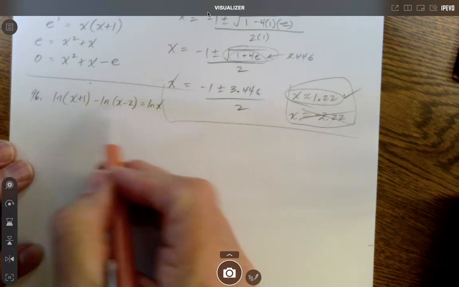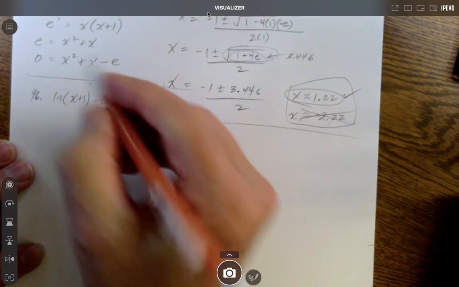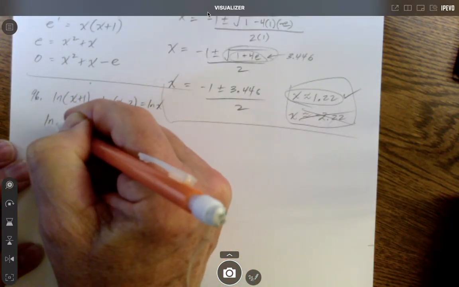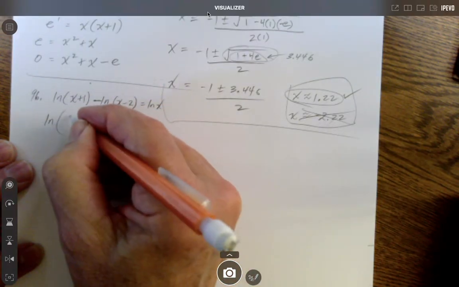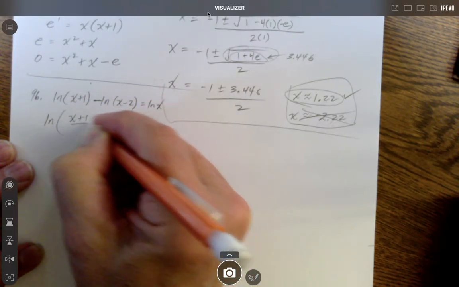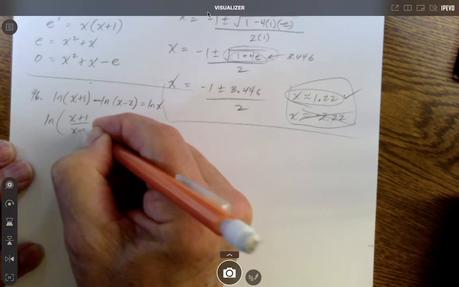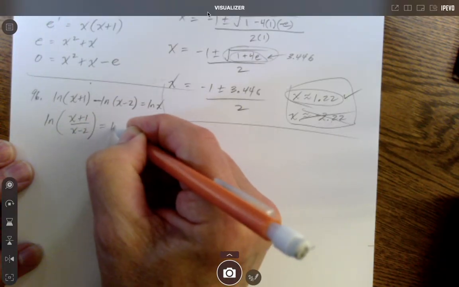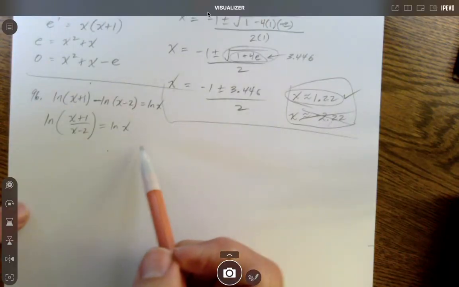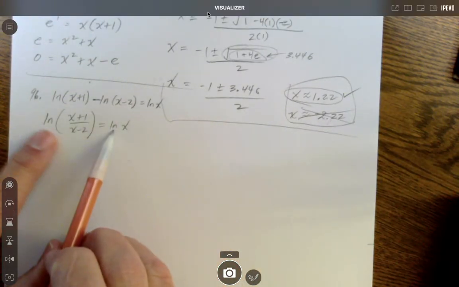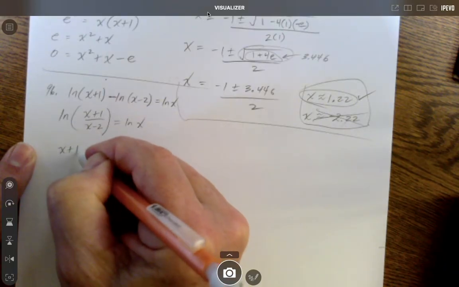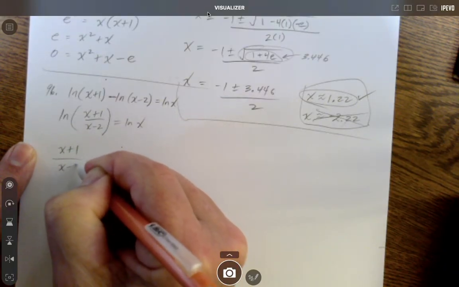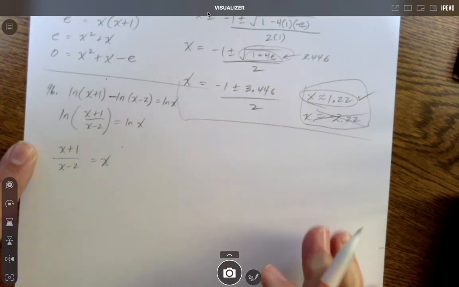Well, I could put these together as a single log. So natural log of, it's subtraction, so that's going to be a division. So that's x plus 1 over x minus 2 equals natural log of x. So now, since these are both natural logs, these arguments must be equal. So x plus 1 over x minus 2 is x.